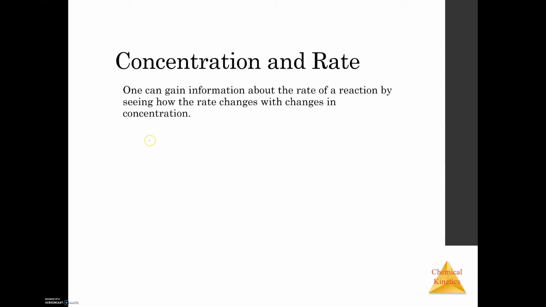So remember, rate law is where you take the rate is equal to k times the concentration of A to the m power times the concentration of B to the n power. Now remember that m and n are the orders of reaction, and m and n are determined from experimental data, which is what we're going to be looking at in this video.